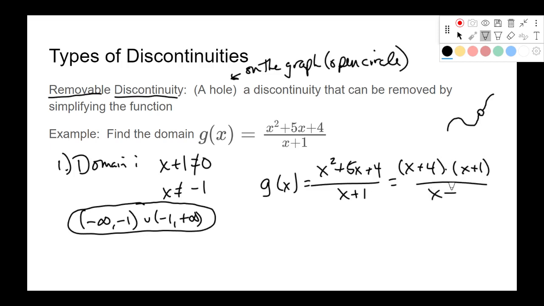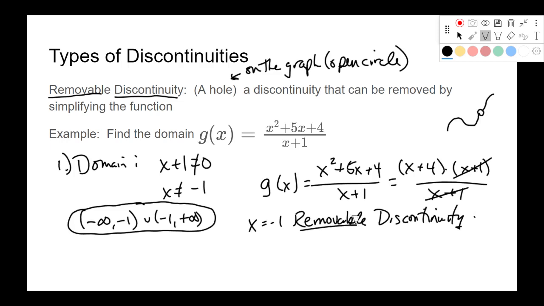And now, if I'm dividing that by x plus 1, these x plus 1s cancel out. I just removed the problem that I had with the domain, which means x equals -1 is a removable discontinuity.